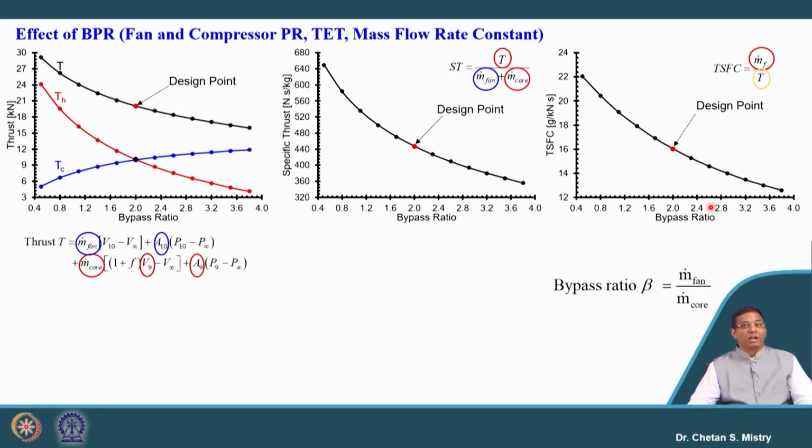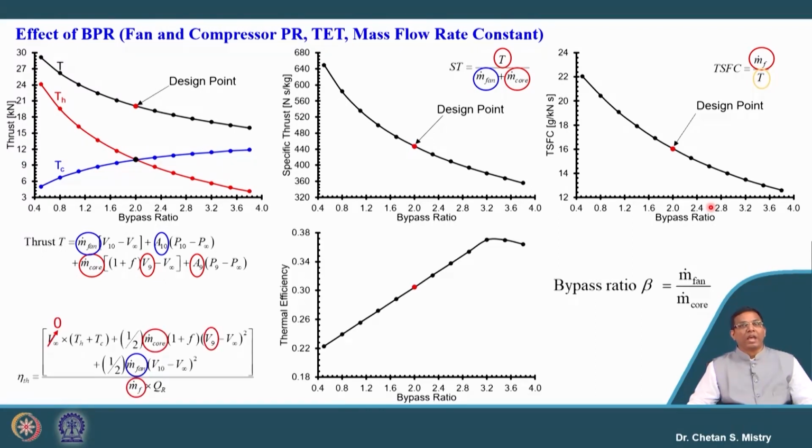Our target is to reduce the thrust specific fuel consumption, but it should not be at the cost of decreased thrust. Be careful about that aspect. And here this is representing my thermal efficiency. For the lower bypass ratio, we will have lower thermal efficiency. When we are increasing our bypass ratio, the thermal efficiency is going to increase.